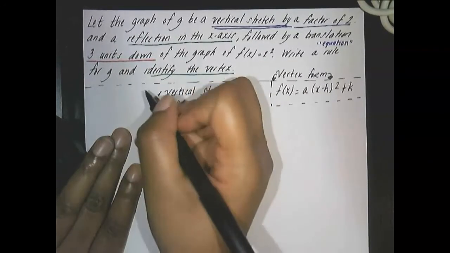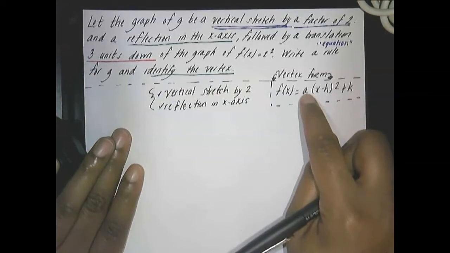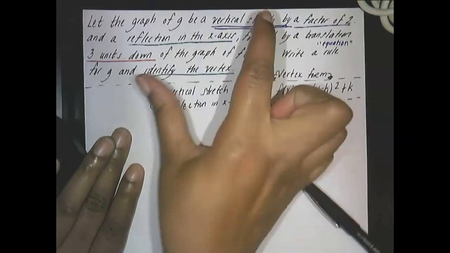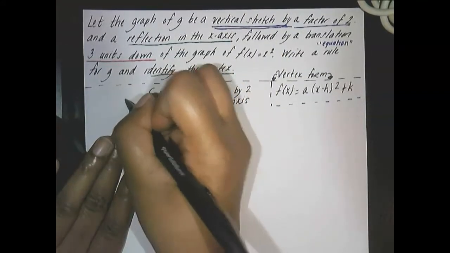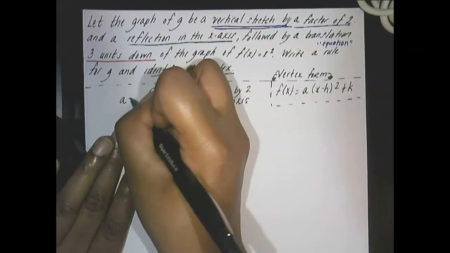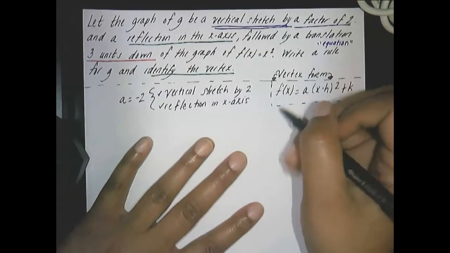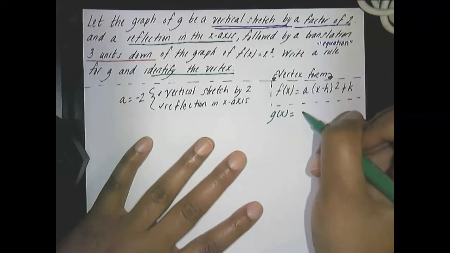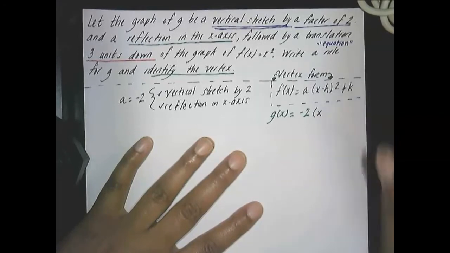All the way in the front, this a determines vertical stretches or shrinks, and if we make it negative, that represents the graph going from opening upward to opening downward. So our a variable in this case is going to be -2. If I start off by writing g of x equals -2, open parentheses, x, I'm going to stop right there.